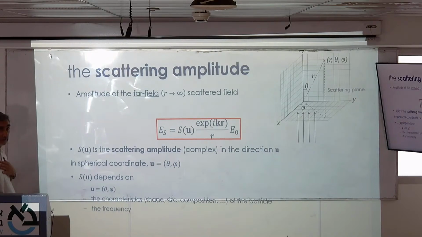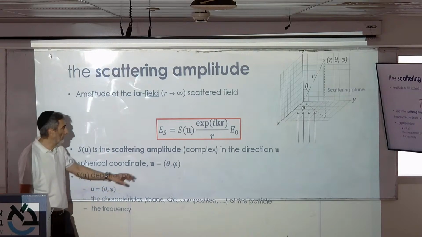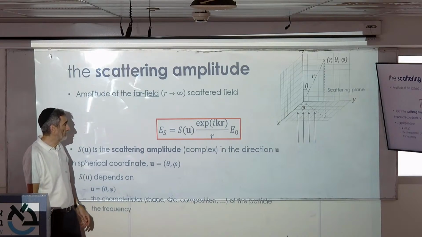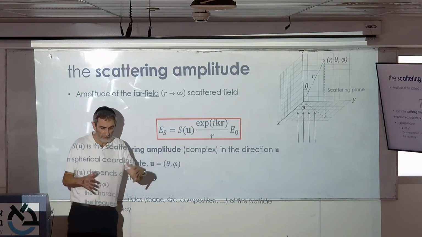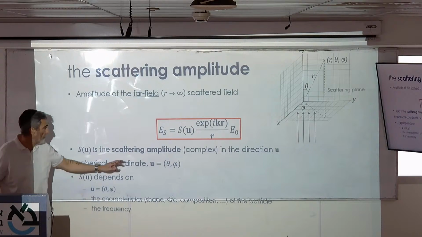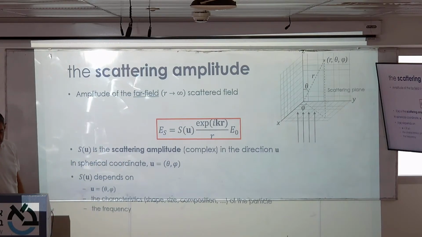So that's really the starting point of the description of the scattered field in the far field, by introducing this scattering amplitude, which simply multiplies a spherical wave going away from the system. The scattering amplitude is also called the far field scattering function.